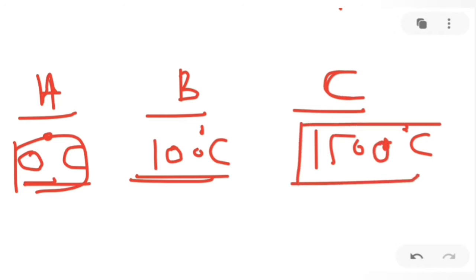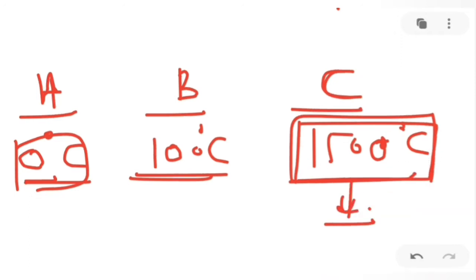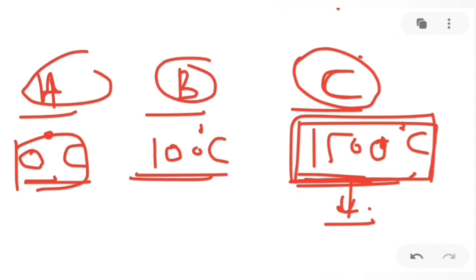Since a very large amount of heat is required, what is happening? The particles must be more tightly packed, that is why we are supplying more energy. So it means the force of attraction in the third case is stronger as compared to this one and this one. So what can be concluded?